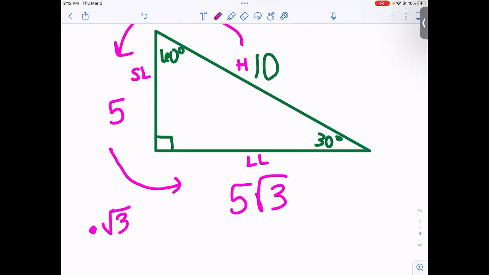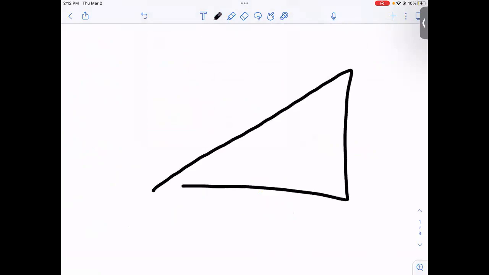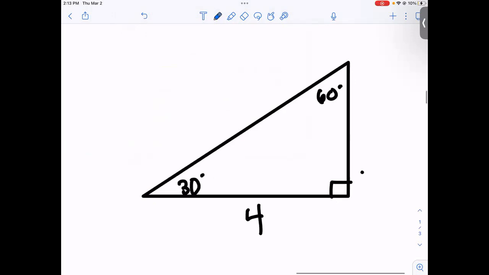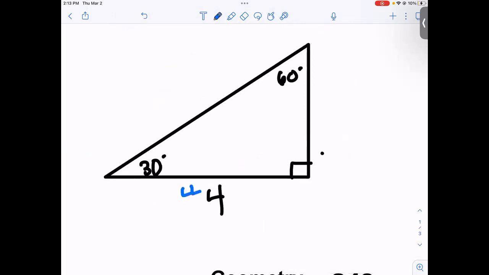Okay, one more. What do you think I'm gonna give you in this example? All right, here it is. Sorry, my iPad died on battery for some reason. Let's go ahead and just label these real quick. This is the long leg, this is the short leg, and this is the hypotenuse.